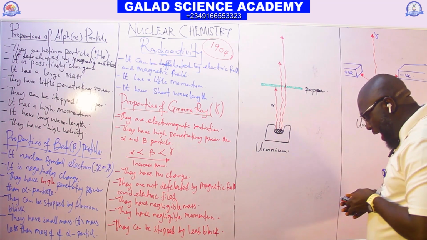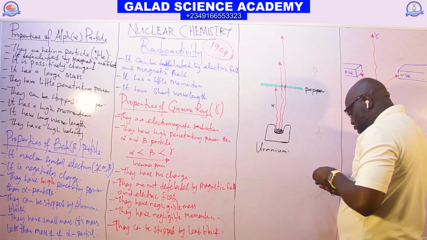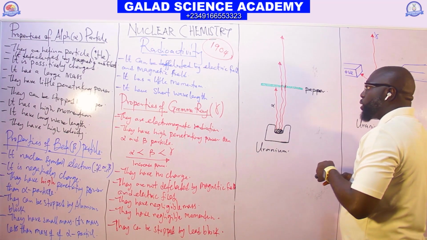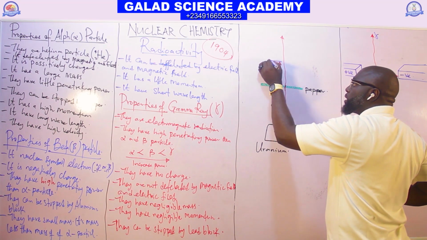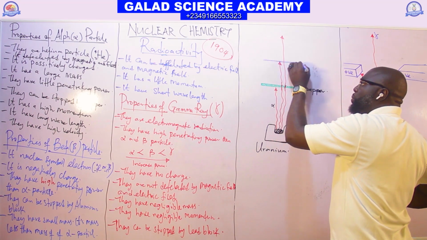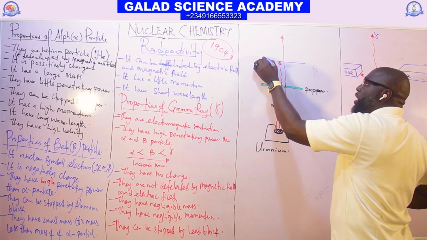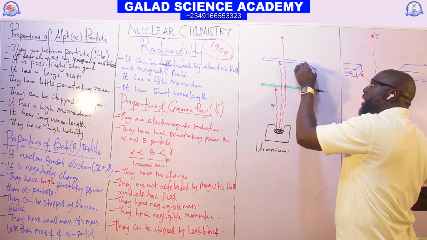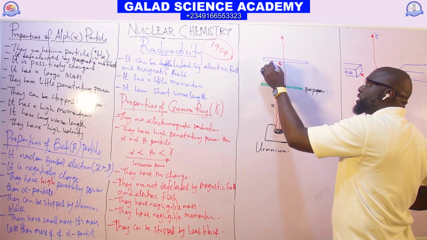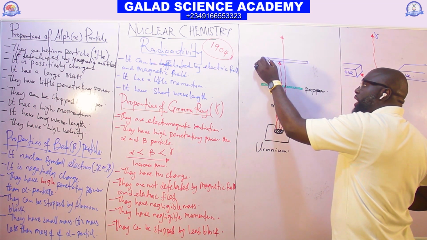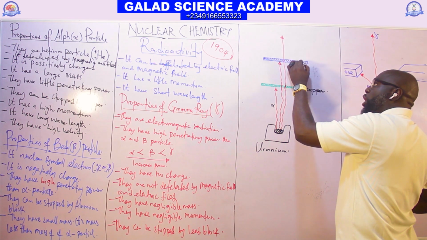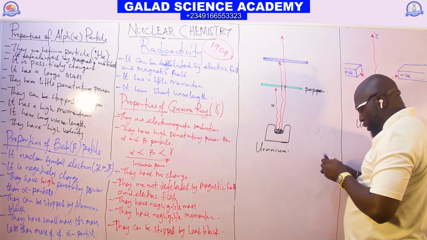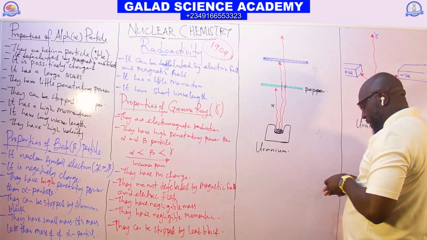And we use another one, this aluminium foil. If we place aluminium foil here, we observe that this aluminium foil stops beta.